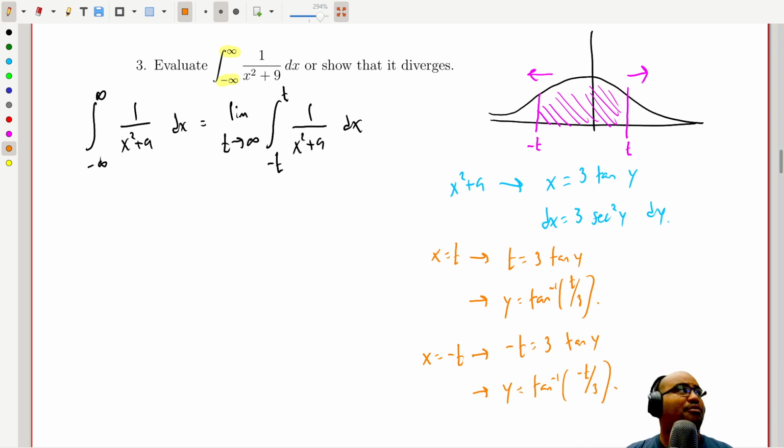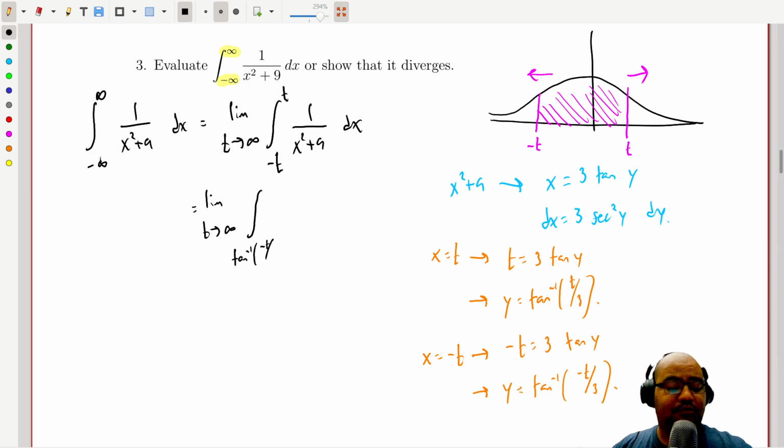So let's go ahead and plug everything in here. We still have the limit as t approaches infinity of this integral from arctan of -t over 3 to arctan of positive t over 3.